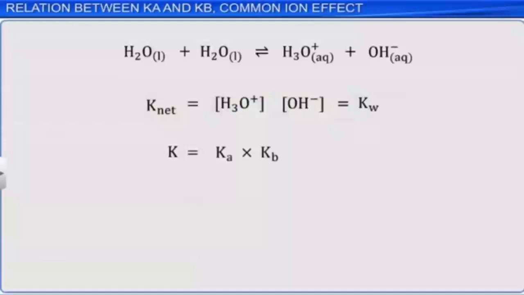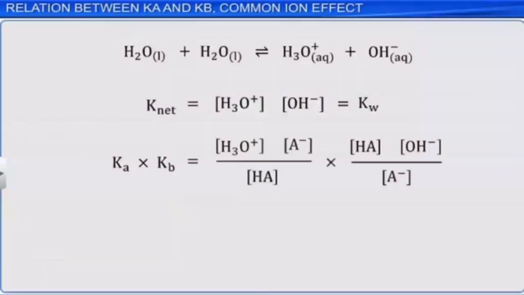That is, the product of Ka and Kb is equal to the concentration of H3O+ times A- divided by the concentration of HA, multiplied by the concentration of HA times OH- divided by A-. On cancelling the common terms, you get the product of concentrations of H3O+ and OH-.